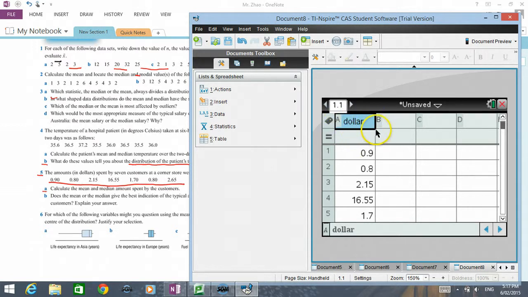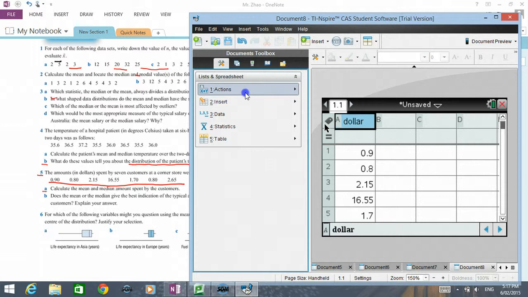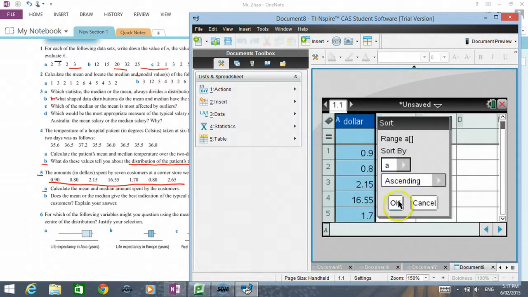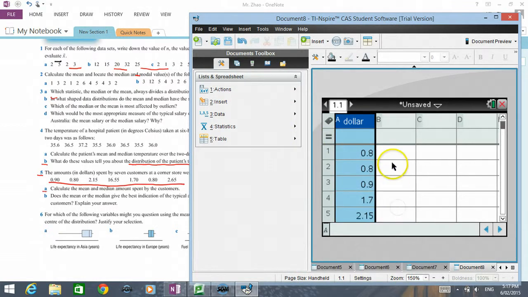In the calculator, just select the box with the name of the data, click on it, go to action and sort. Press A, done. So the calculator automatically rearranges all the numbers in order.